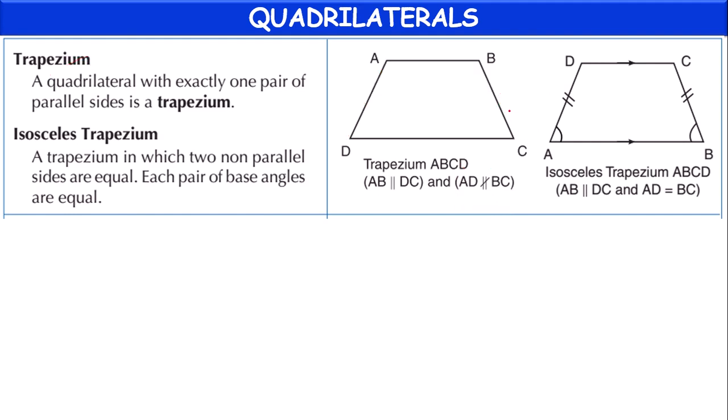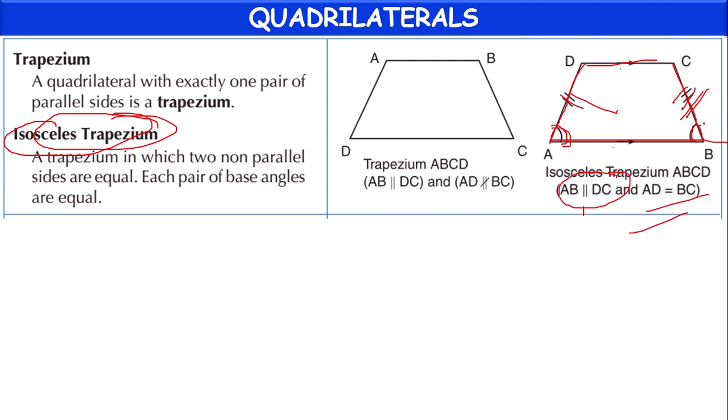Suppose if AB is parallel to CD, one pair is parallel, second pair is non-parallel but equal. Second pair is non-parallel, but if they are equal, then it is called as an isosceles trapezium. In isosceles trapezium, the base angles, angle A equals angle B. Each pair of base angles will be equal.